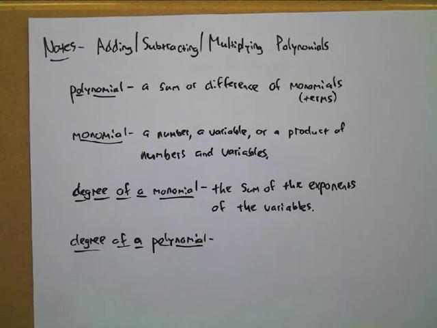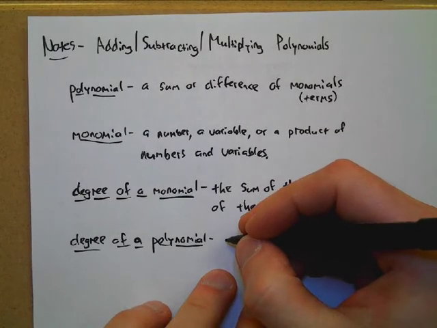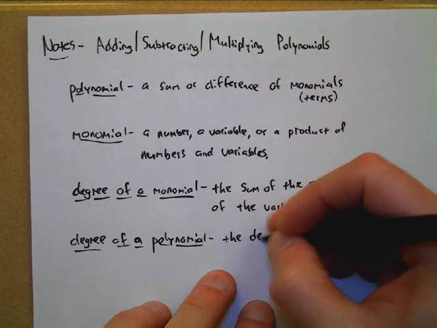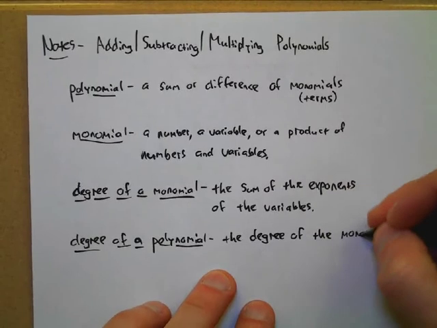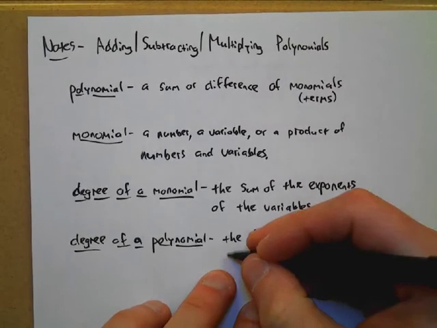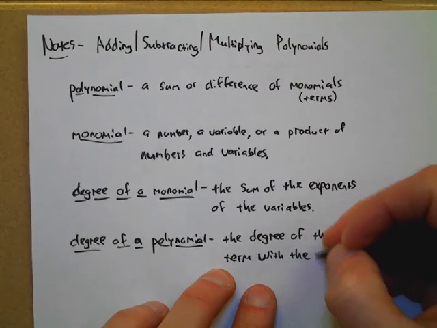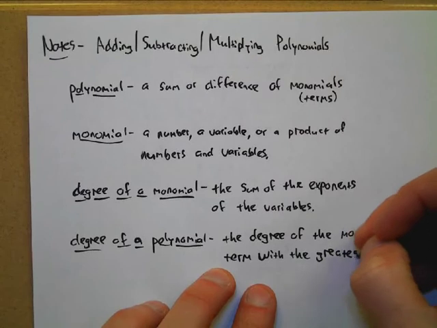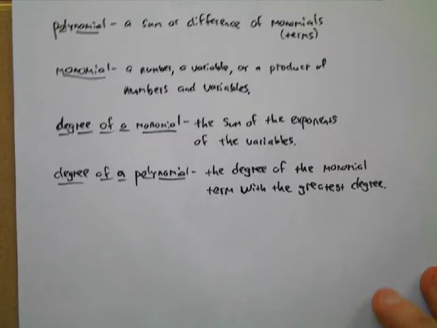The degree of a polynomial is the degree of the monomial term with the greatest degree. I feel like there's too many degrees in that, but that's exactly what it is.